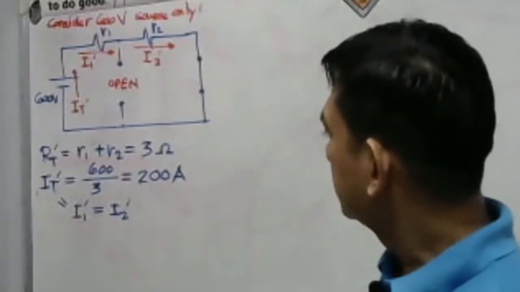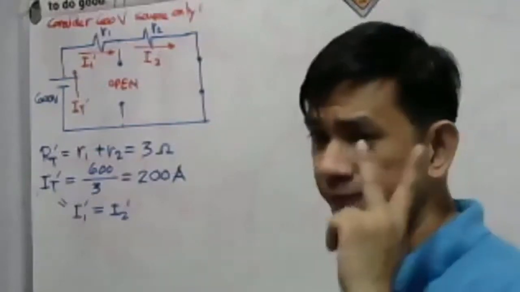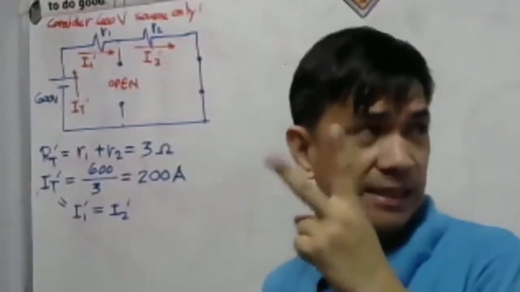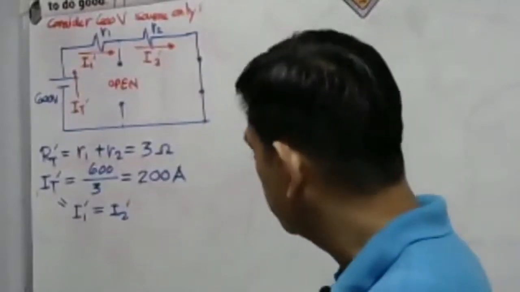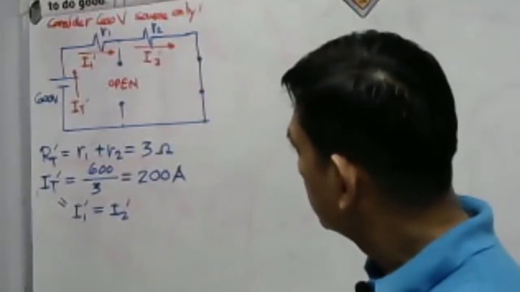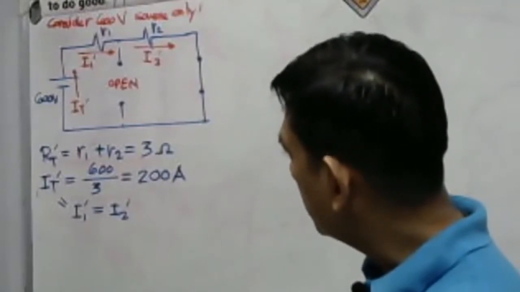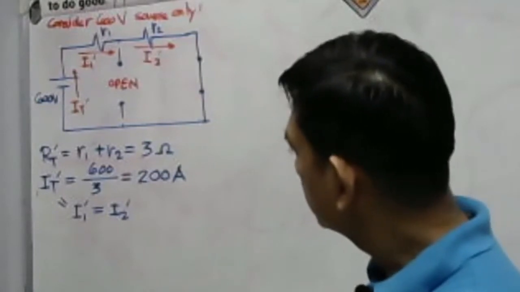Okay. Sige, so since we already have the value, we only have two currents present in our circuit. No? The third is the current source. Okay? So we already have that one. Okay?